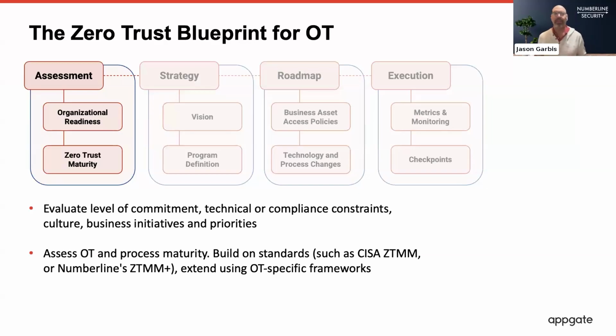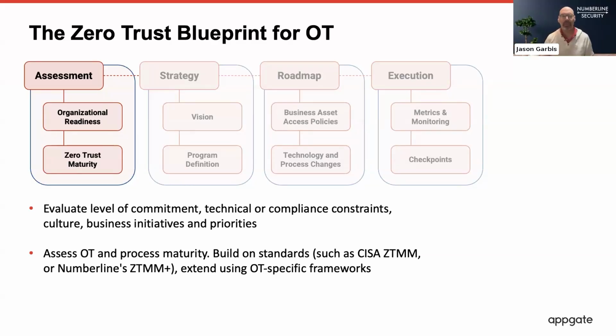So if we think about the assessment phase, what you're doing here as an organization is you're saying, okay, what is our overall readiness to adopt zero trust, and specifically now to apply it to our OT environment? The organizational readiness element looks at a few factors in your organization. What level of commitment do you have? What sort of technical or compliance constraints do you have? What sort of elements of your culture do you have to think about?